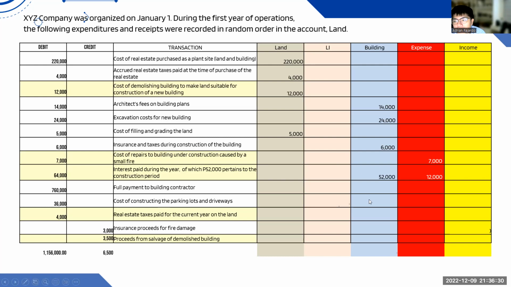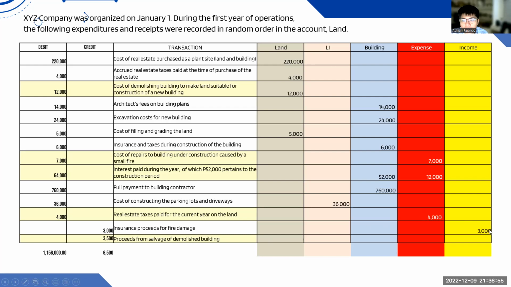Full payment to building contractor, building. Parking lot, land improvement. Real estate taxes paid for the current year. If you look at this, you have accrued real estate taxes that you paid at the time of purchase. That is capitalizable. But the real estate taxes after you purchased is an expense, right? And then insurance proceeds.